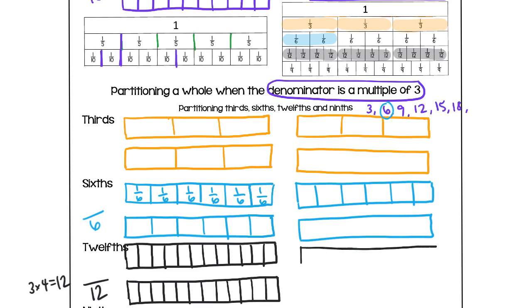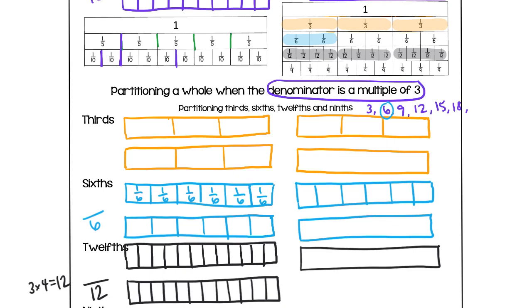Alrighty, you're probably getting tired of listening to me talk, so your turn. Split your whole into thirds, then partition your thirds in half, and then you have 6 pieces, or sixths, and then partition your sixths into 12ths by partitioning them in half.